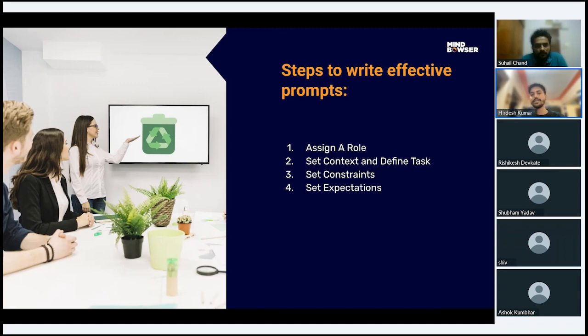And then in the last step, along with those constraints, we can set the expectations. Here we can define what kind of quality you are looking for in the output, right? If I take the example, because we are asking the machine to generate a poem, it might not be that creative.